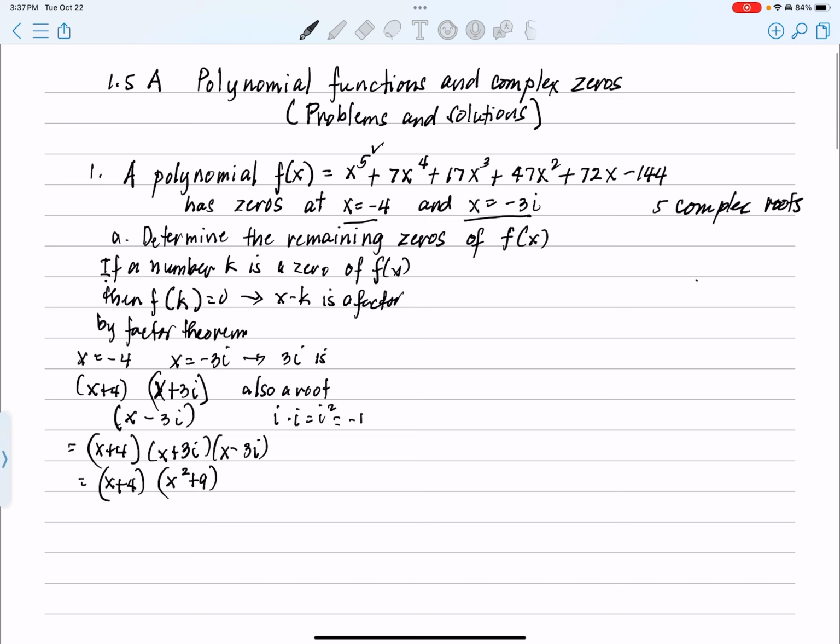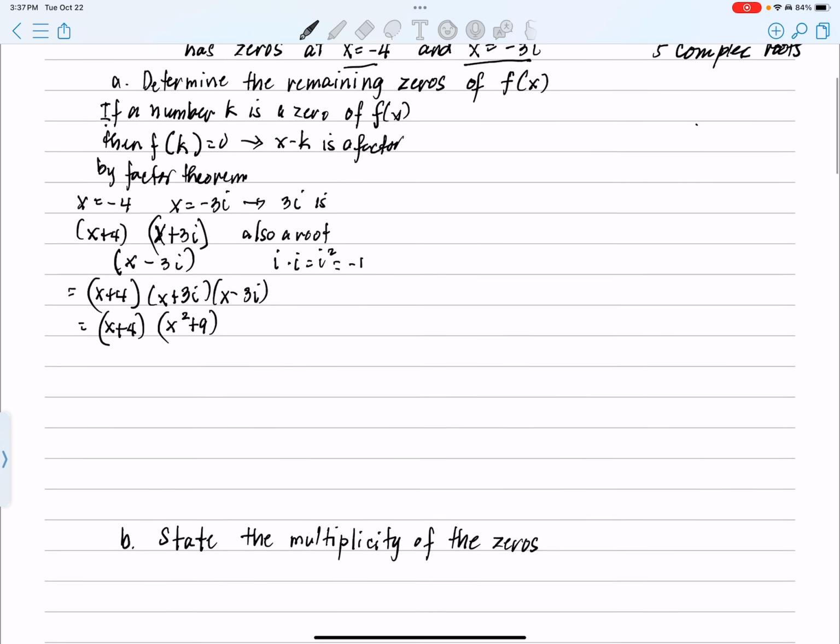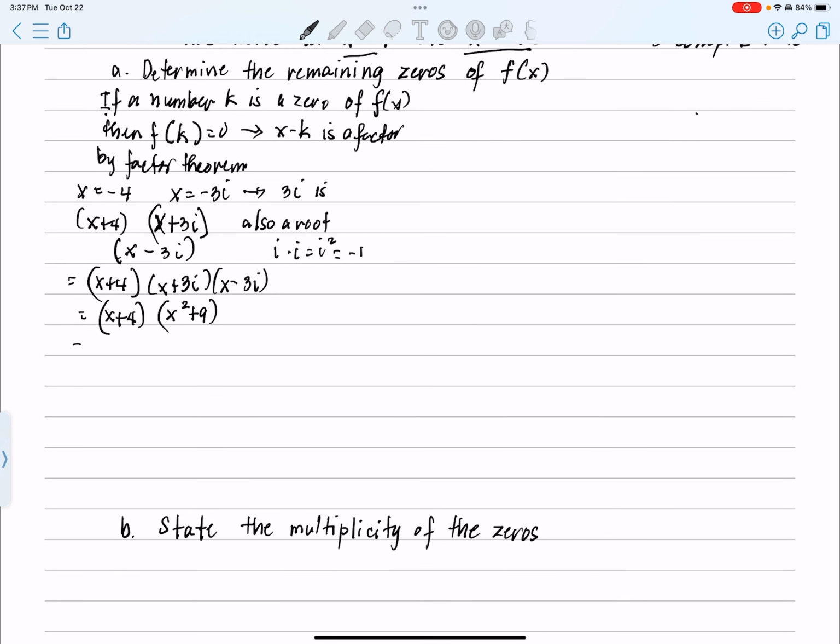So by using the distributive property, x times x squared will become x cubed, plus 4x squared, plus 9x, FOIL, you distribute, plus 36. Okay, by distributive property.